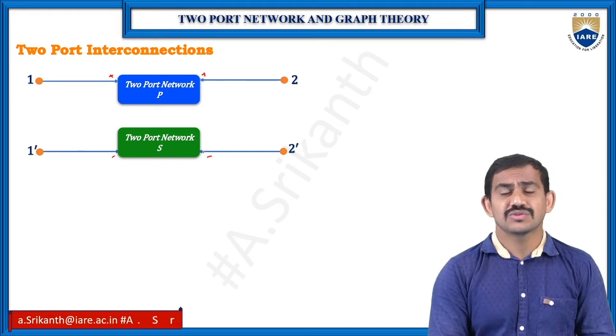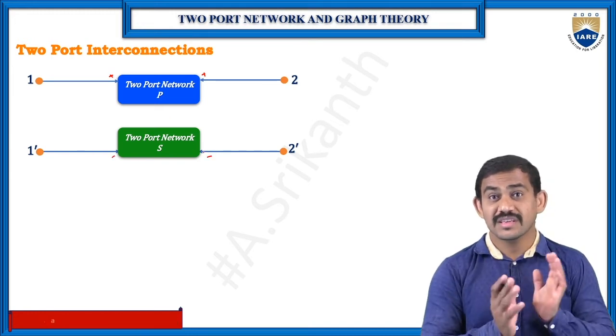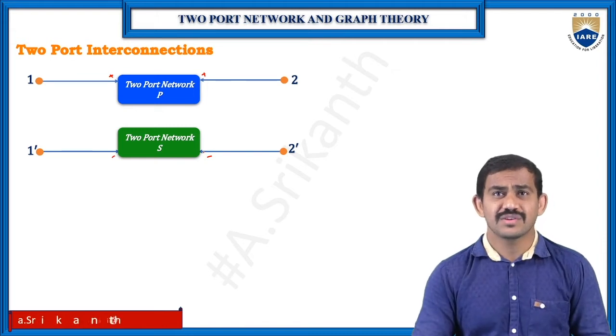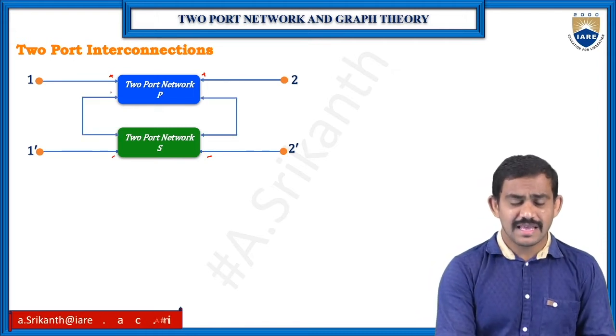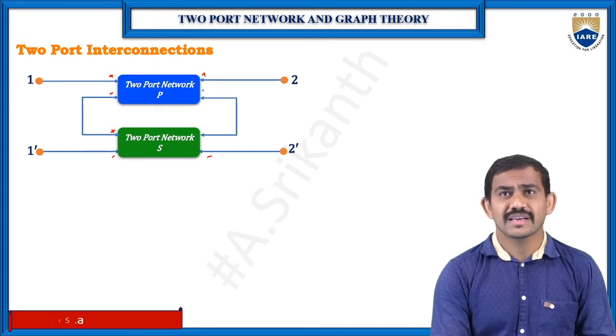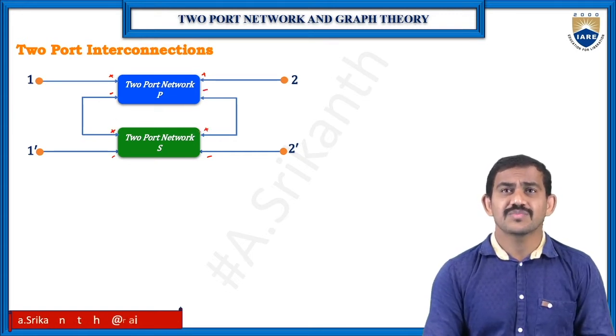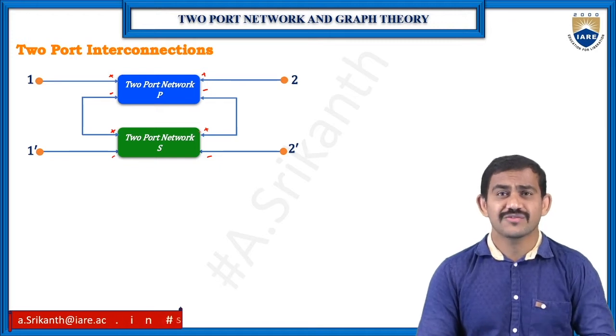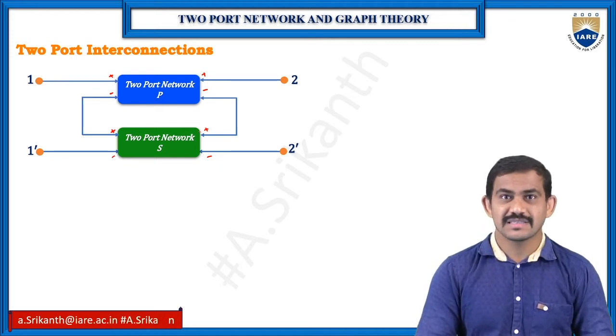For the total two-port network I want the equivalent value. For that we have V1 and V2 values, and where the negatives and positives are connected to each other, that means the two-port networks are connected in series.